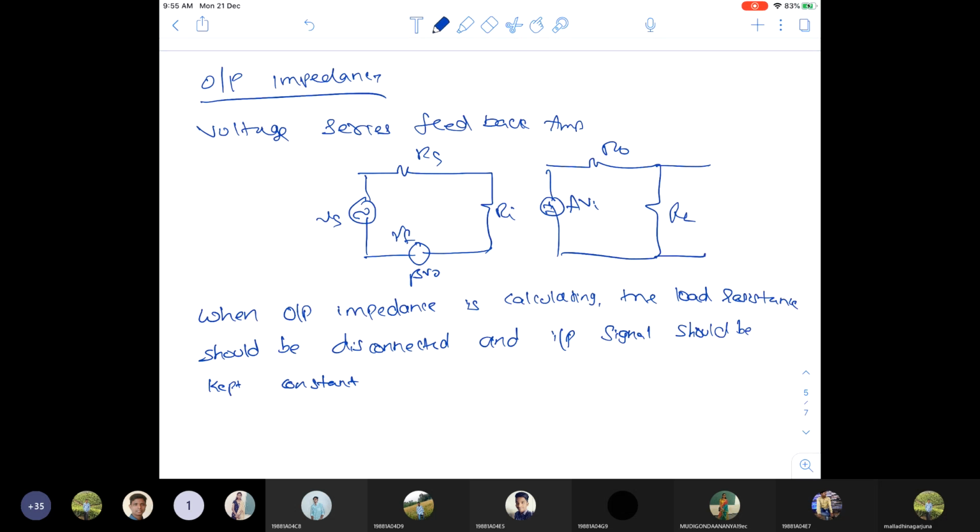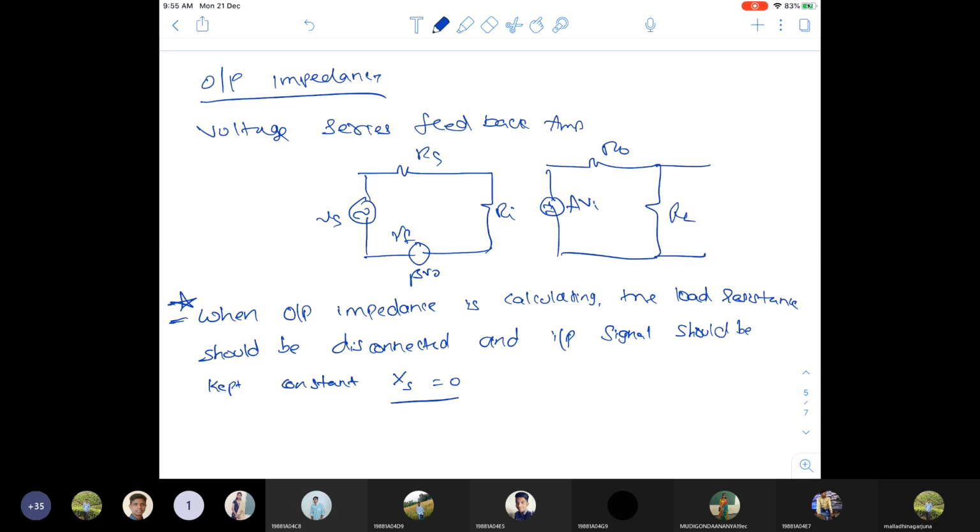The input signal may be voltage or current, and it should be set to zero. You remember this point, it is very, very important.